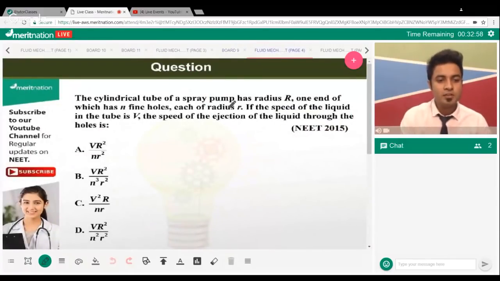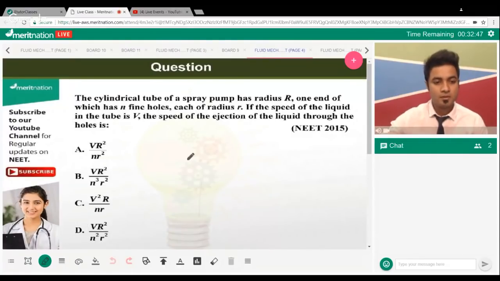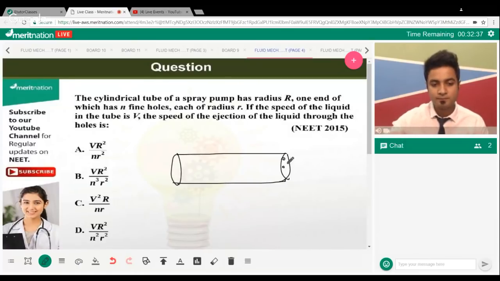The cylindrical tube of a spray pump has a radius r, one end of which has n fine holes. So let me just make a cylindrical pump like this for you. I have n number of holes at another end.